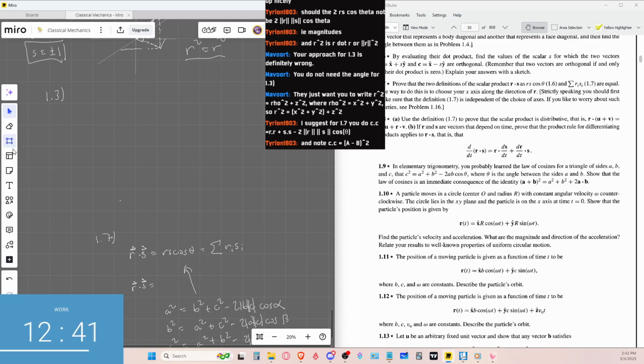So what you're saying, Mavort, is that we have to, so r squared equals x, y, z, where rho squared is equal to y.